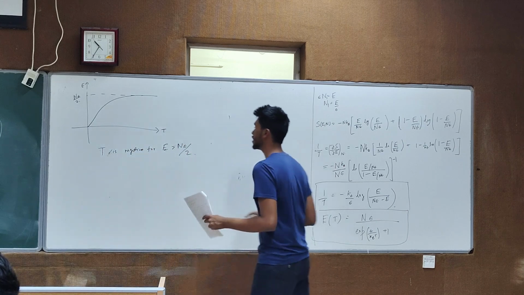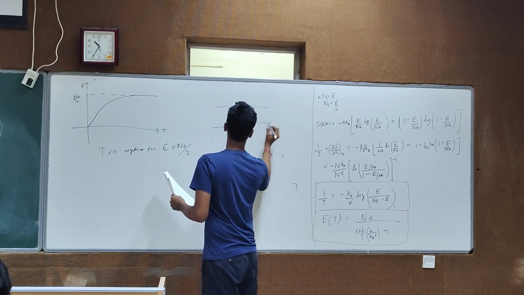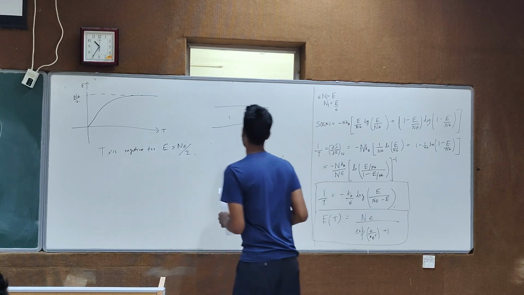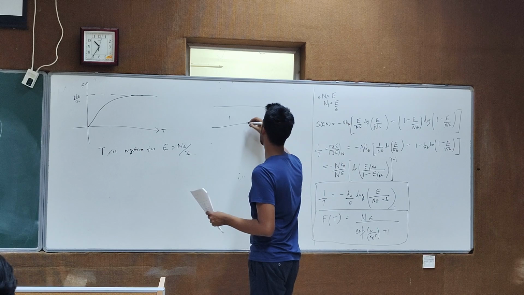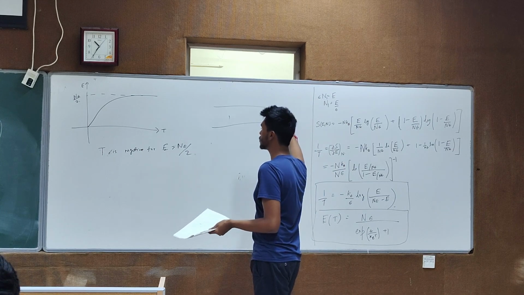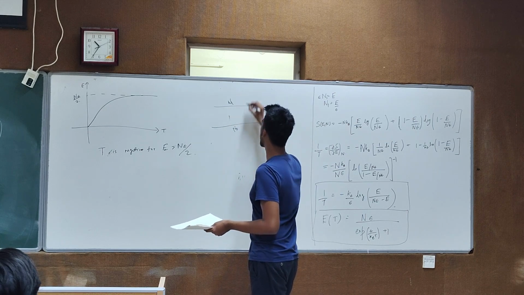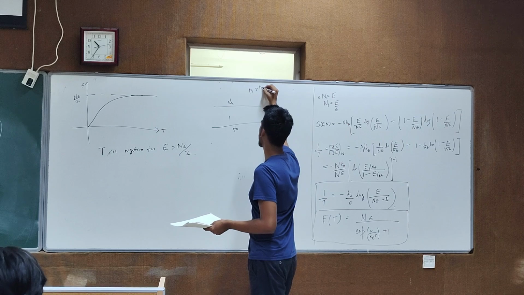So why did this happen? While you're counting states, when your energy is greater than N epsilon by 2, basically you have more number of particles, n1 is greater than n0.